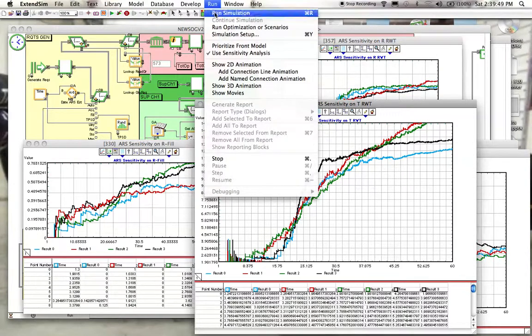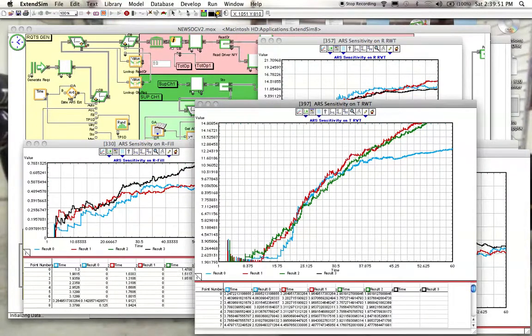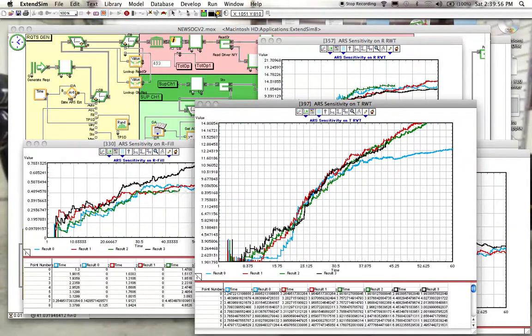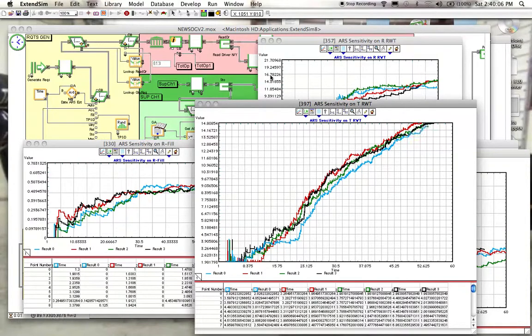So we definitely see a difference in that second half. Okay, so that's only with one performance measure.